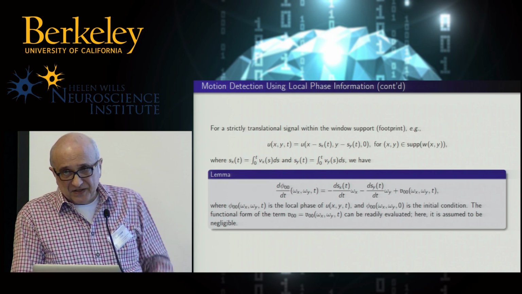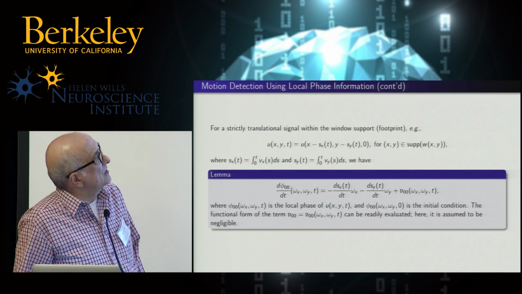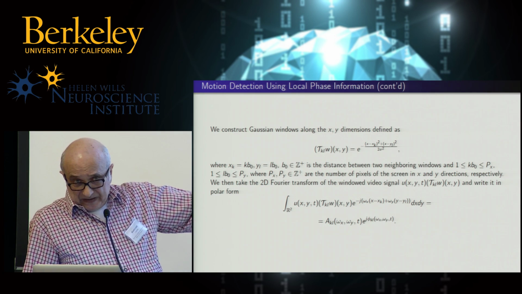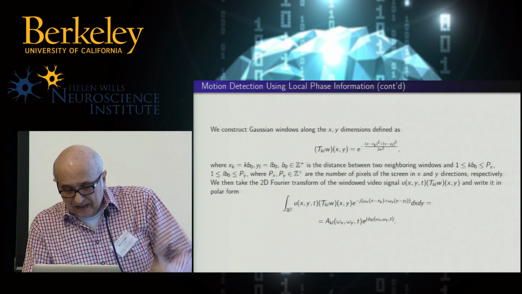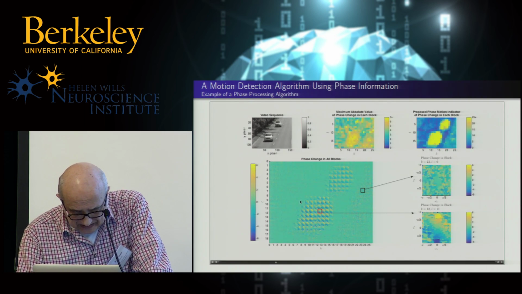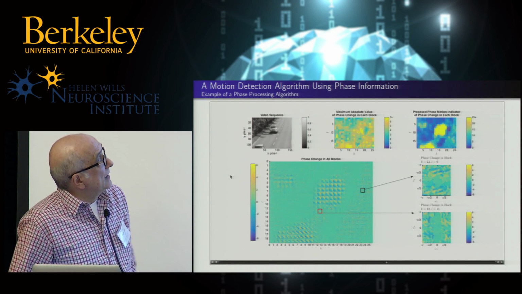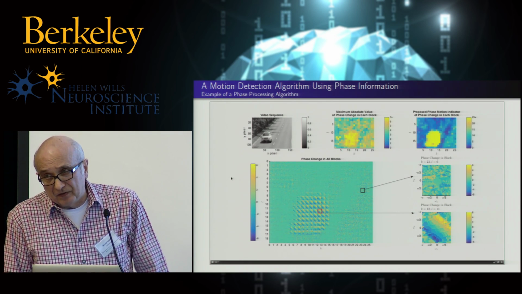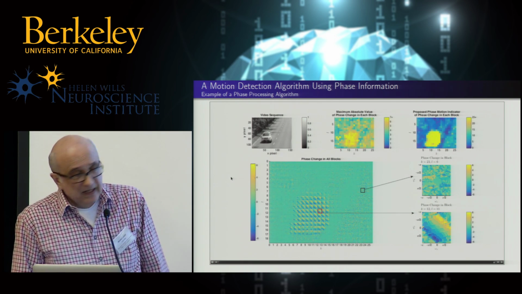I'm just flashing this to you to get a sense of what type of work this entails. And then we started looking specifically at phase locally in the images. And here is the implementation of this. The phase detector actually works better than all these detectors I just mentioned before.